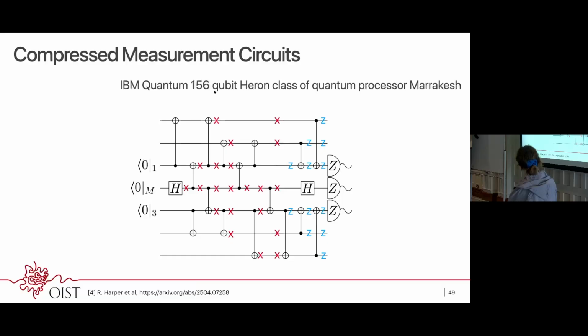Therefore, we use a compressed measurement mode circuit, which extracts the syndrome of the stabilizers at the same time. By this, we can reduce the idle time and lower the corresponding idling noise.